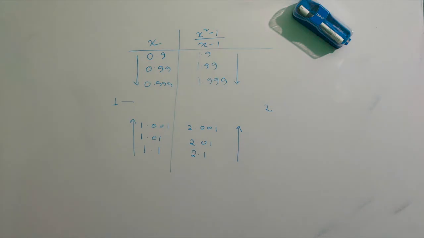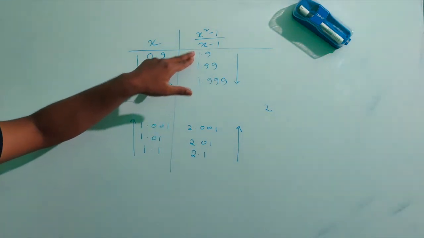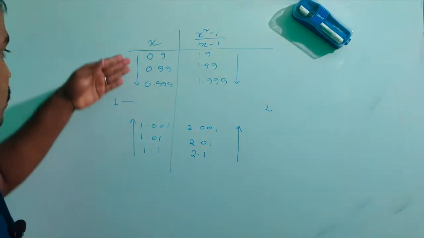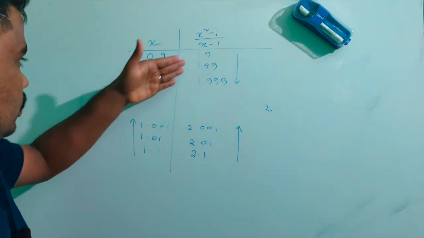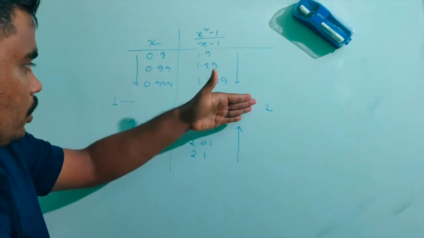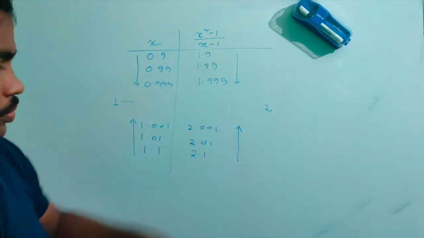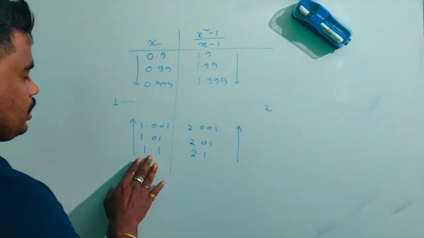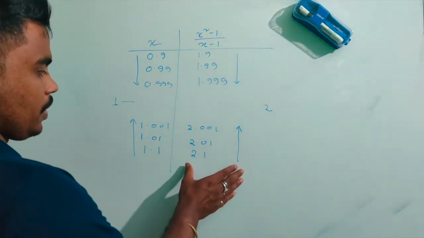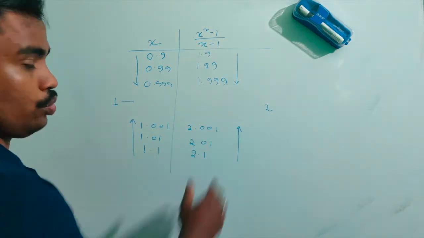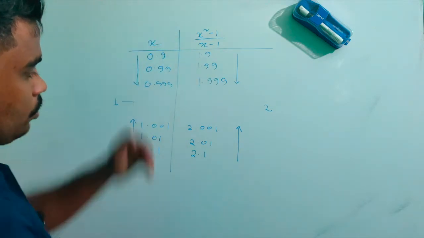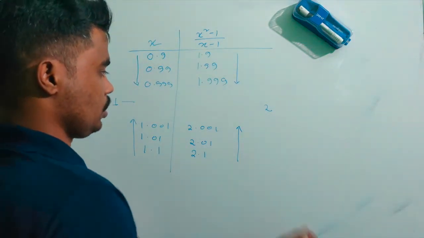You can see here, first at x equal to 0.9, my function value is 1.9, and then when I move closer to 1 from the left side, my function value is moving closer to 2, and from the left side of 2. Or if I move x very close to 1 from the right side, the output of my function is also moving closer to 2. So we can say that my function output value is approaching a limiting value, that is 2.